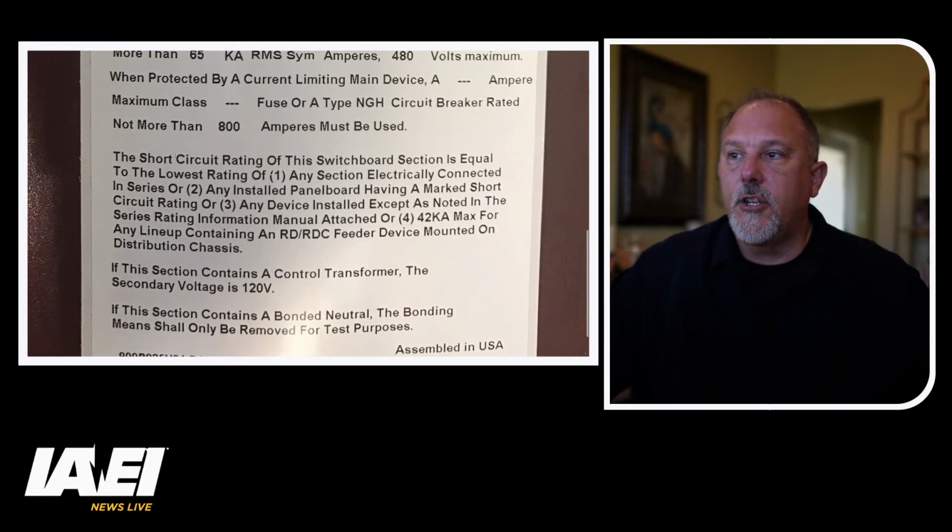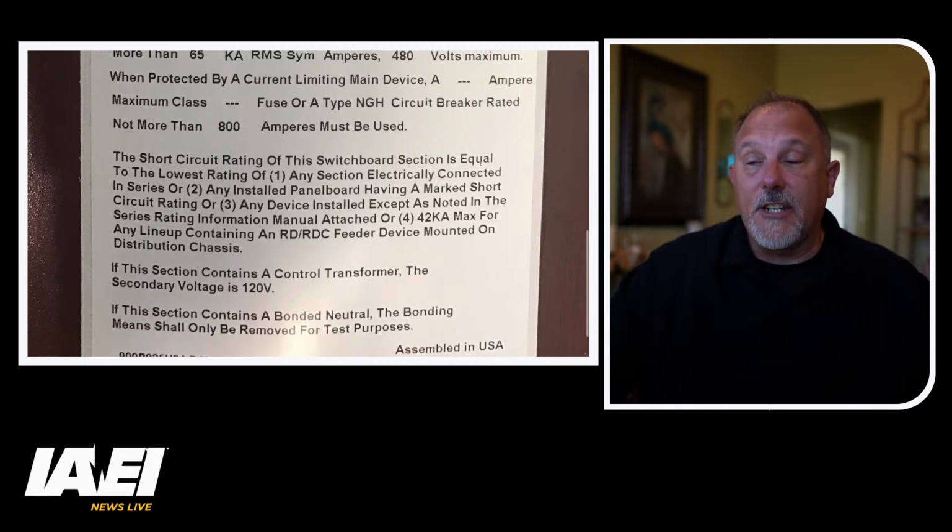The short circuit current rating of this switchboard section is equal to the lowest rating of 1, any section electrically connected in series, or 2, any installed panel board having a marked short circuit current rating, or 3, any device installed except as noted in the series rating information manual. 4, 42,000 amp max for any lineup containing an RDC feeder device mounted on the distribution chassis.